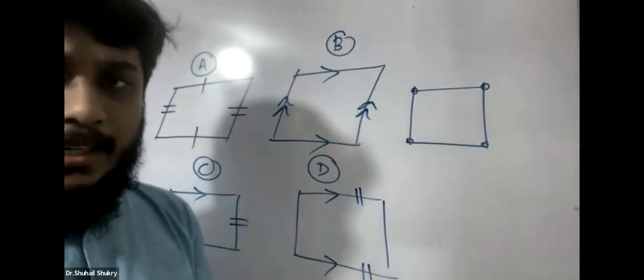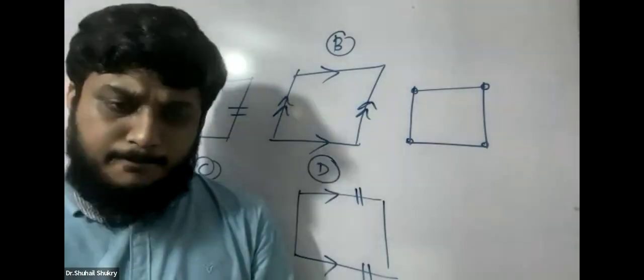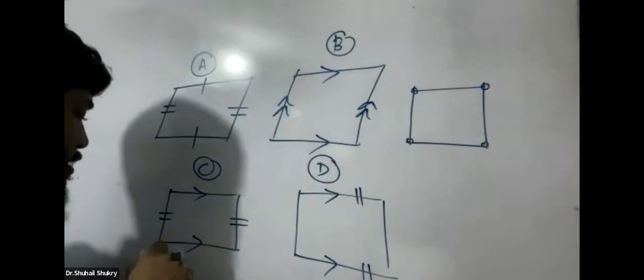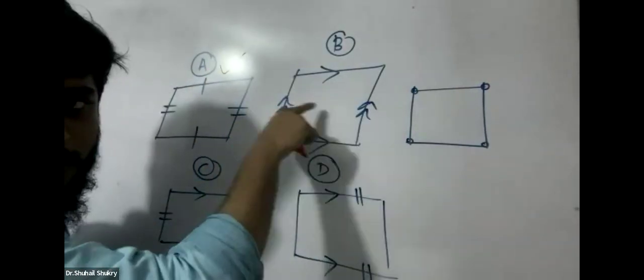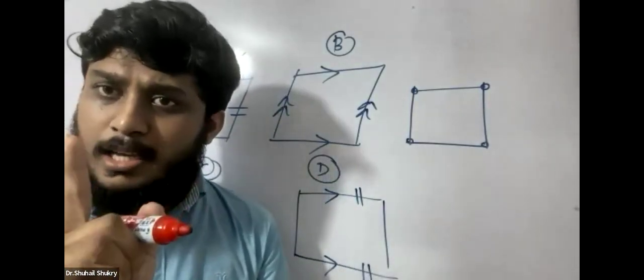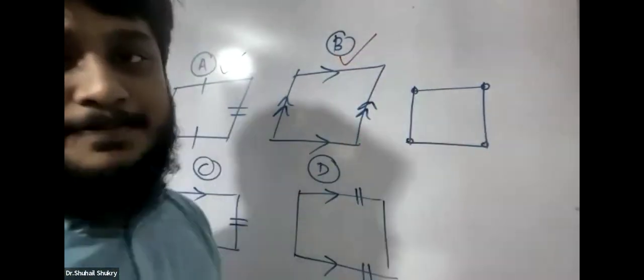Remember, if both the opposite sides are equal, then that is a parallelogram. So in my tute, A is a parallelogram, yes. If only one side is parallel, we can't tell this. If both the sides are parallel, then definitely we can tell B is a parallelogram.